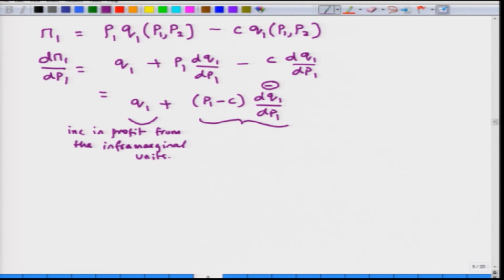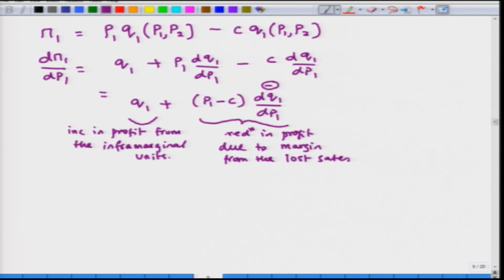So, when P1 increases, the quantity demanded of good 1 falls, and for each one of those units the margin was P1 minus C, but because those units are not sold, I have lost an equivalent amount of (P1 minus C) times dQ1/dP1. So, this is the reduction in profit due to the margin from the lost sales, right.